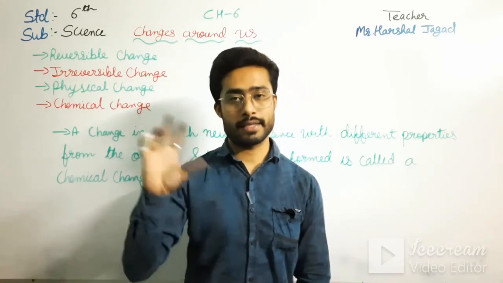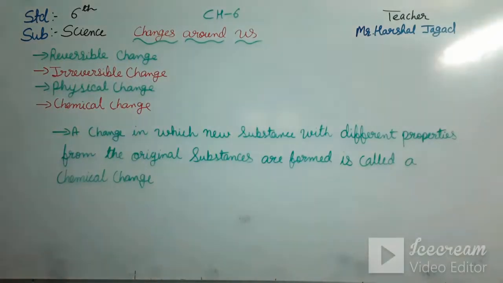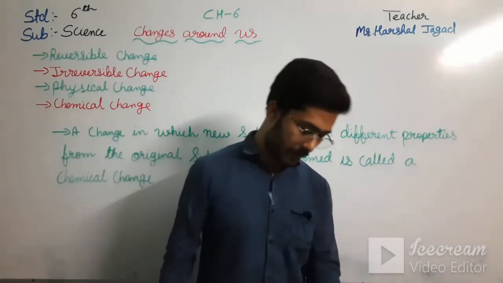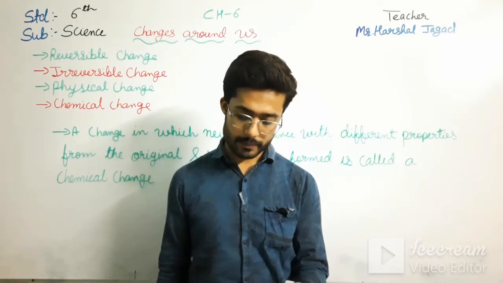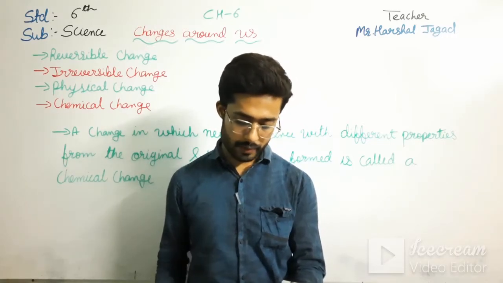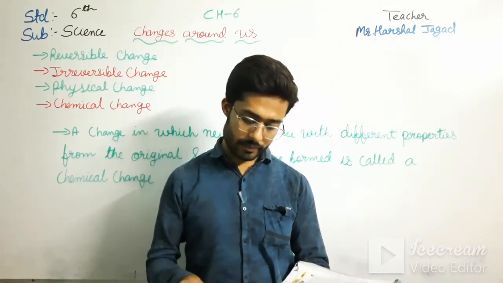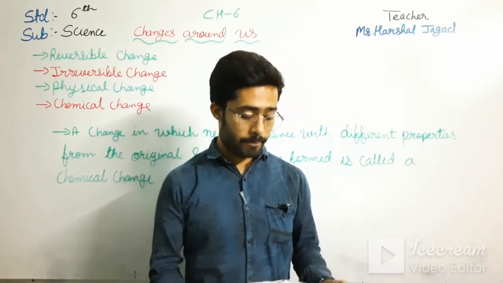Here I am reading some of the examples given in your textbook. Cooking of food, rusting of iron, burning of wool and coal, and spoiling of milk or cooked food are examples of chemical change. In this, the substances produced have completely different properties.